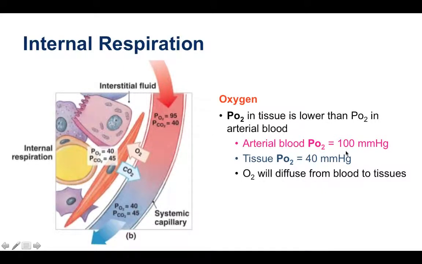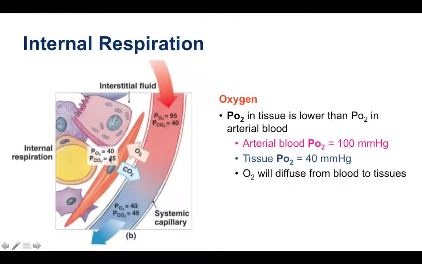Other pictures or other sources will say 100. So you can remember 100 or 95 here, whichever one is easier. The partial pressure of oxygen in the blood here is going to be really high, about 100 millimeters of mercury. Partial pressure of oxygen in the tissue cells is going to be about 40. So oxygen, again, is going to go down its gradient from the blood into the tissue cells.